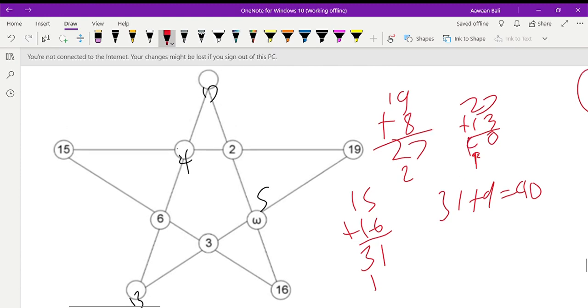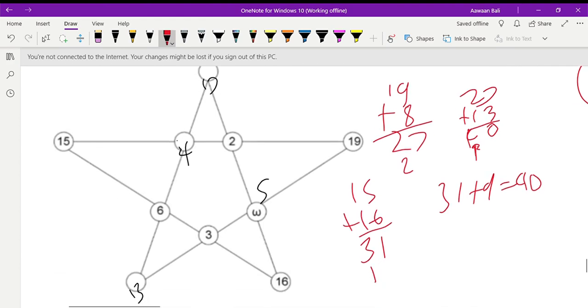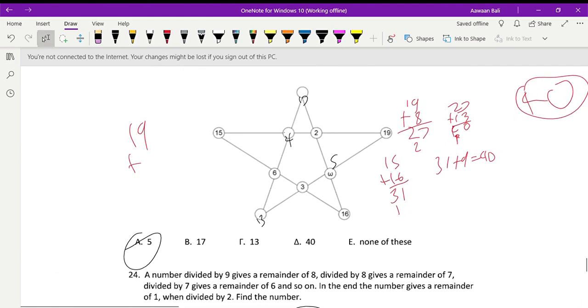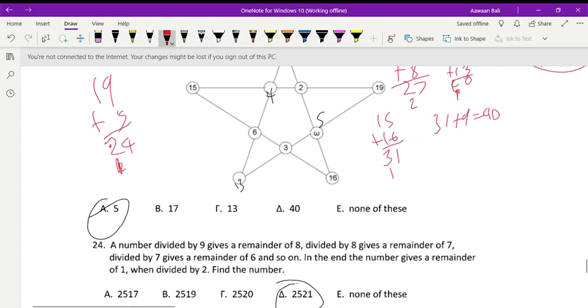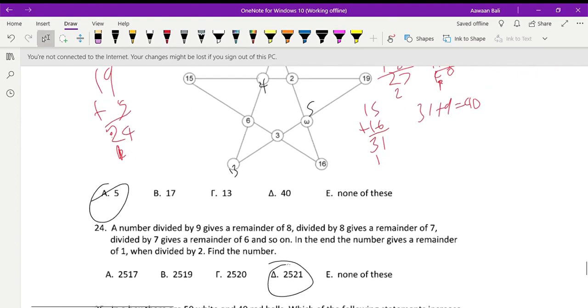So 13 has to go here, and that'll work. 19 plus 5 is 24, and 24 plus 16 is 40 again. So that means that 17 will go here, and if this number and this number have a sum equal to 30, then you got it. Here it works. So that means the answer is alpha 5.